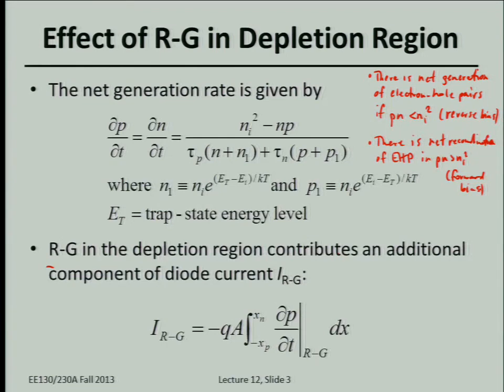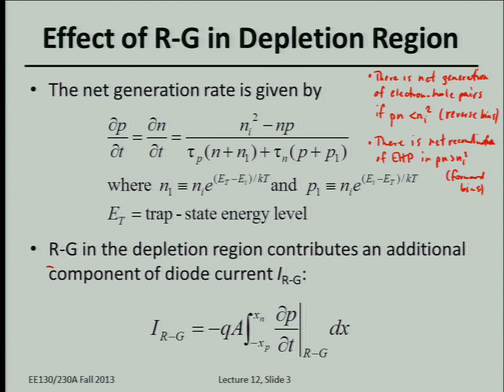So the point is that an electron-hole pair, when you generate it, doesn't lead to 2 times the current. One electron-hole pair contributes 1 charge per unit time to the current. So if you want to figure out what the current is due to net generation in the depletion region, you have to integrate the rate of electron-hole pair generation throughout the depletion region.